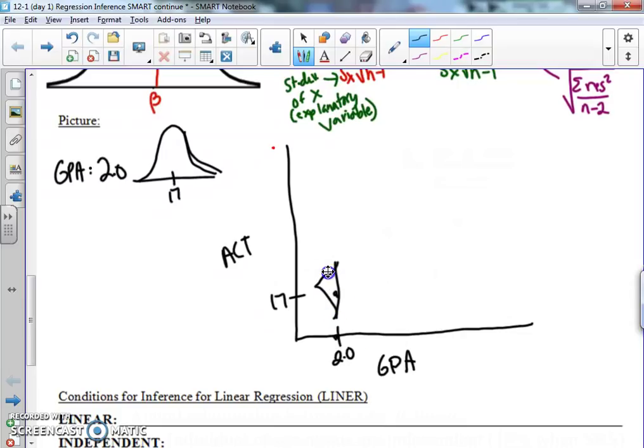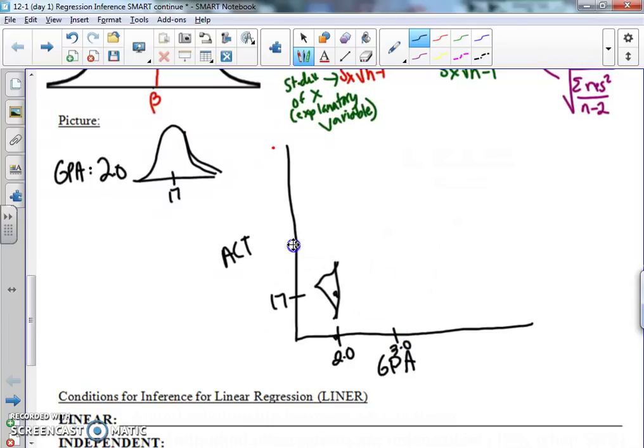Okay, this is not going to be a very good drawing, but just hang in there with me. Now, I could also look at other explanatory values, such as maybe a GPA of 3.0. If I'm looking at all the 3.0 GPAs, I might want to go back and look at all of their ACT scores and see what the average ACT score is for people that have a 3.0 GPA.